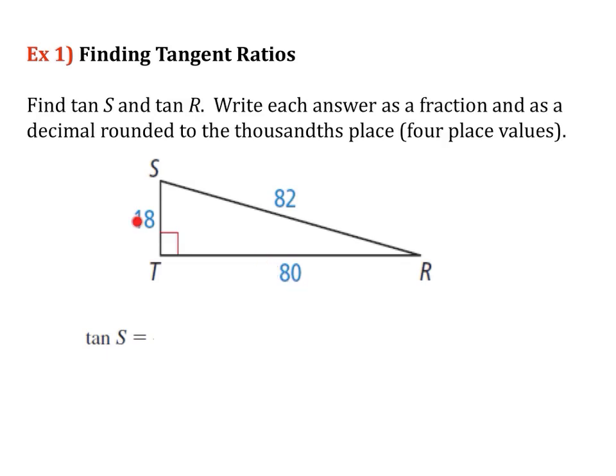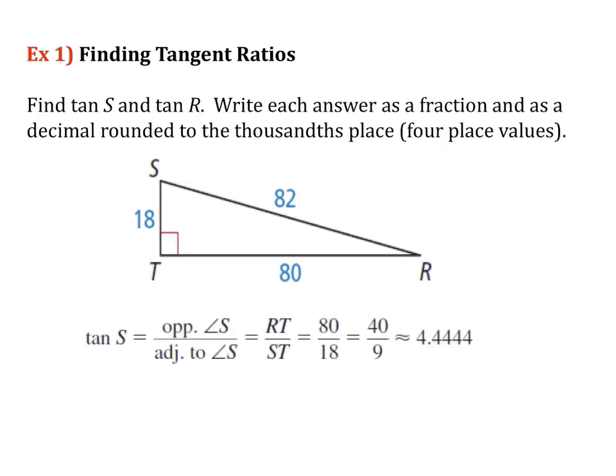So I want 80 divided by 18. When I type that in the calculator, I get a decimal value of 4 decimal and then 4 repeating, and since it asks for 4 place values, the thousandths place, I stop at the 4th 4. The simplified fraction would be 40/9.